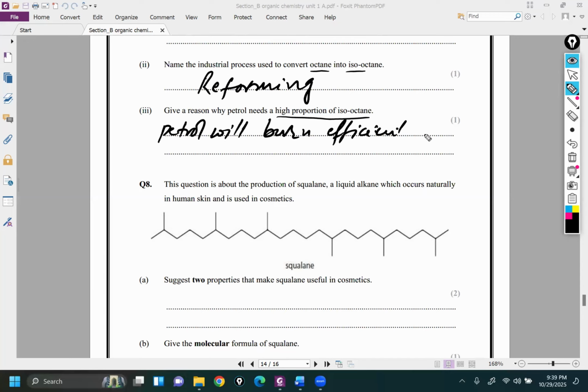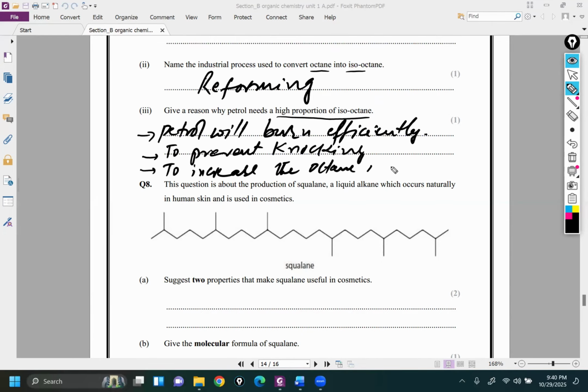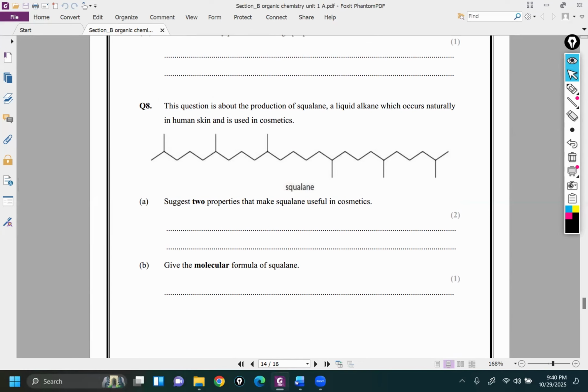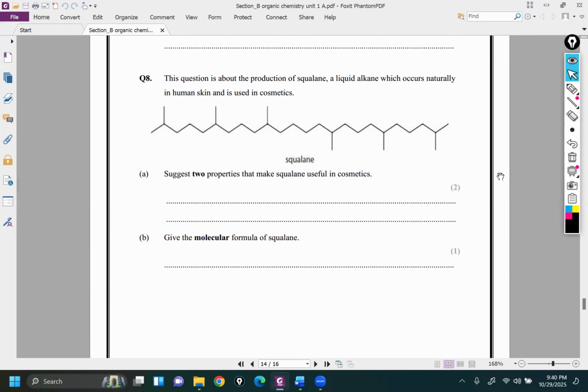You can write this, or you can also write that to prevent knocking produced in the engine, or to increase the octane number. Any option you can write for 1 mark, but keep in mind these points. Question 8, you can see the long chain.